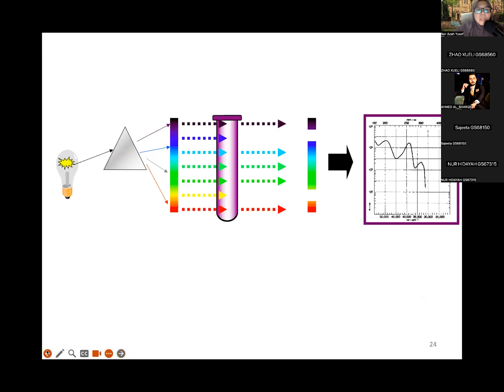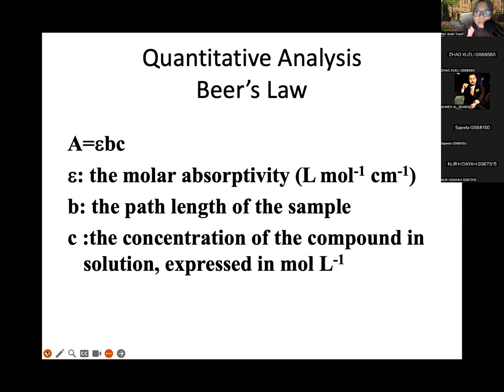Okay, this is the basic of UV-visible spectrophotometer, spectroscopy. Spectroscopy is the technique. Spectrophotometer is the machine. For quantitative analysis, because most of the time when you develop a sensor, you want it to be quantitative. So for UV spectroscopy, we rely on Beer's law.